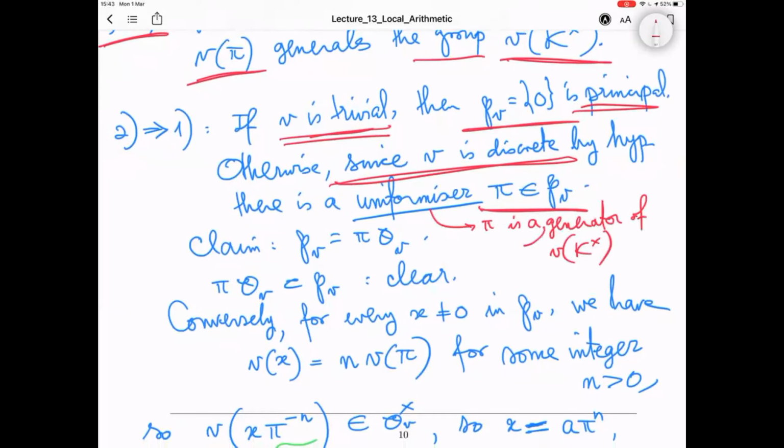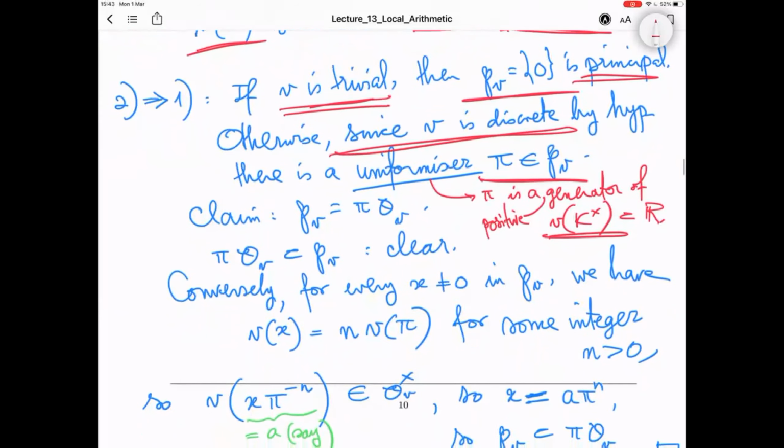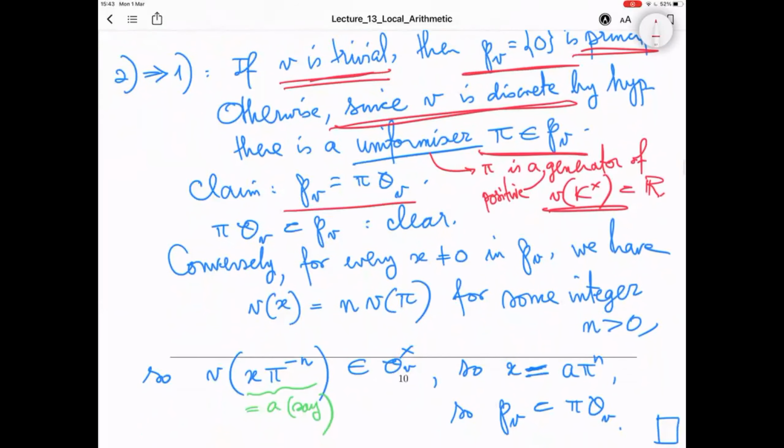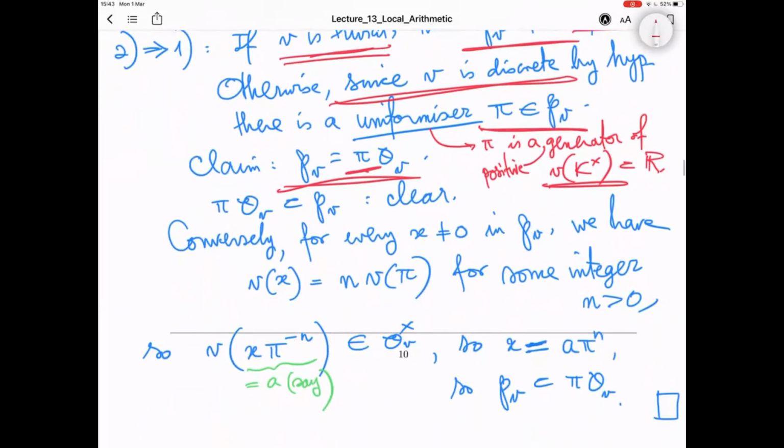Pi is a positive generator of this as a subgroup of R, right? Okay, so I claim that the ideal P_V is a principal ideal and in fact generated by any uniformizer pi.